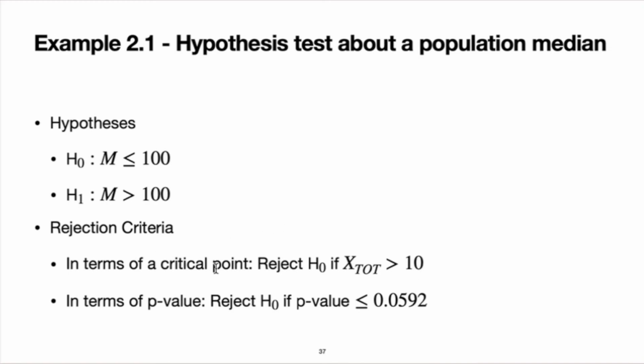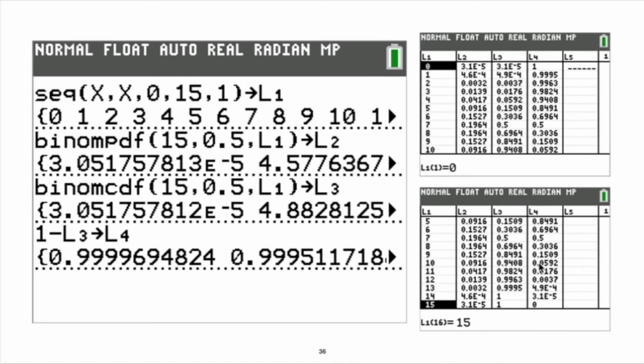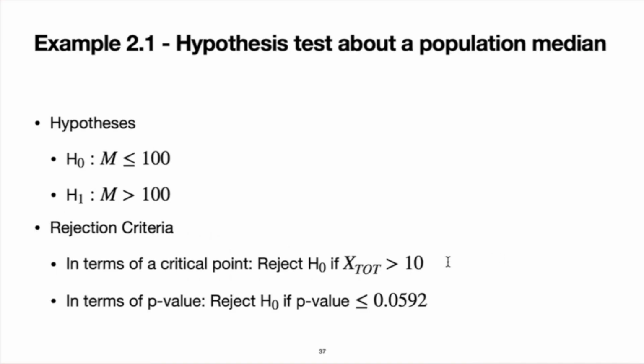We're going to reject the null hypothesis if X tote is greater than 10. And using that as our rejection criteria, we see that the probability of committing a type 1 error, which is alpha, is 0.0592. Now, another way to specify the rejection criteria is to express it in terms of the p-value, which we know how to calculate now.